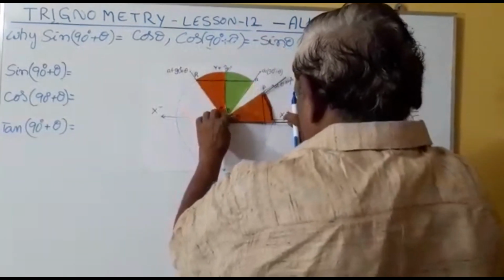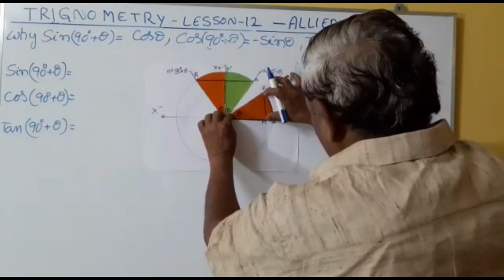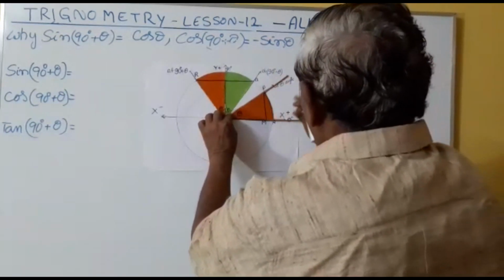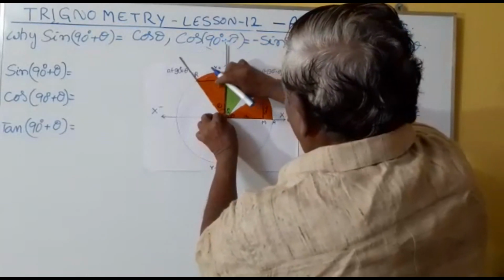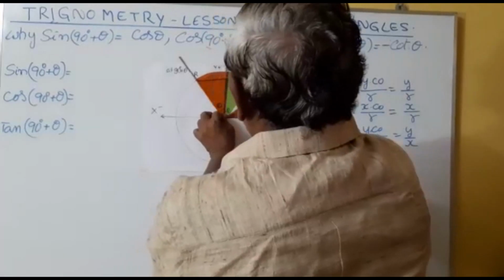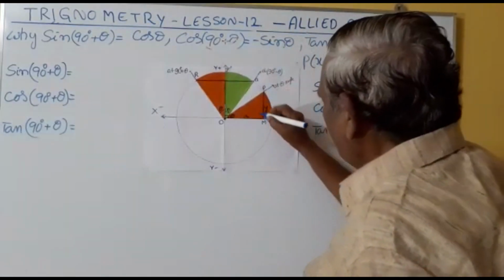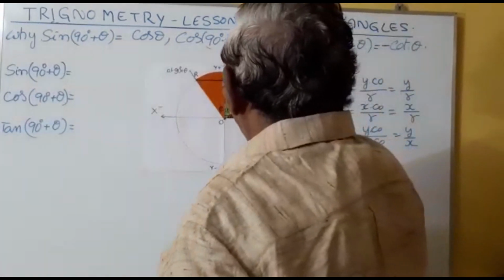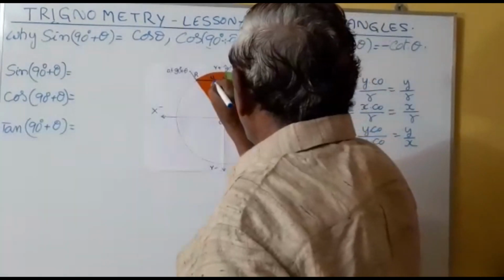When this sector is rotated here, the vertical distance, this is y, becomes horizontal here. Therefore, this is also y. This PM is y, and here let this be N, RN is y.